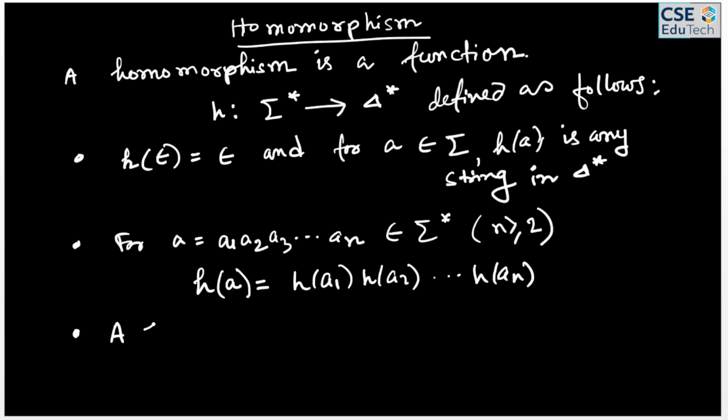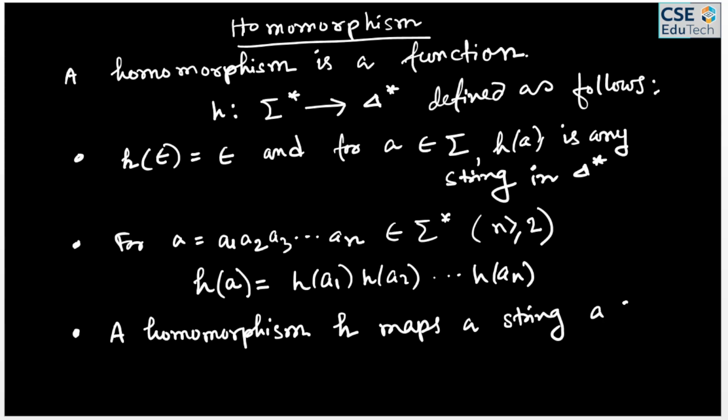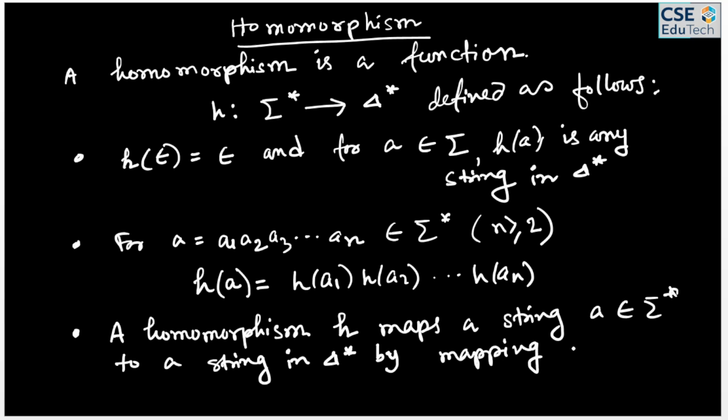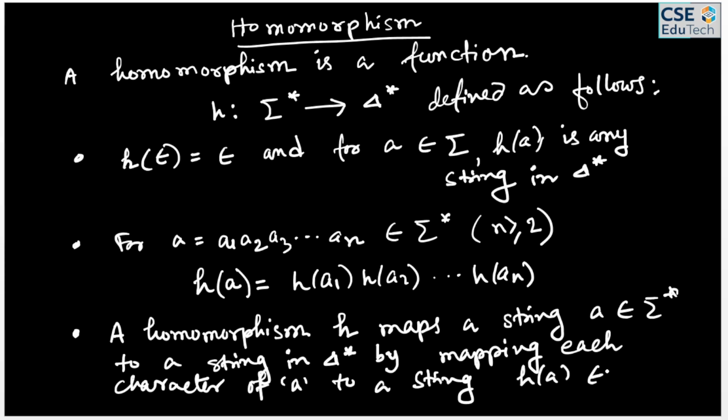Now, a homomorphism H maps a string a belonging to sigma star to another string in delta star by mapping each character of a to a string H of a that belongs to delta star.